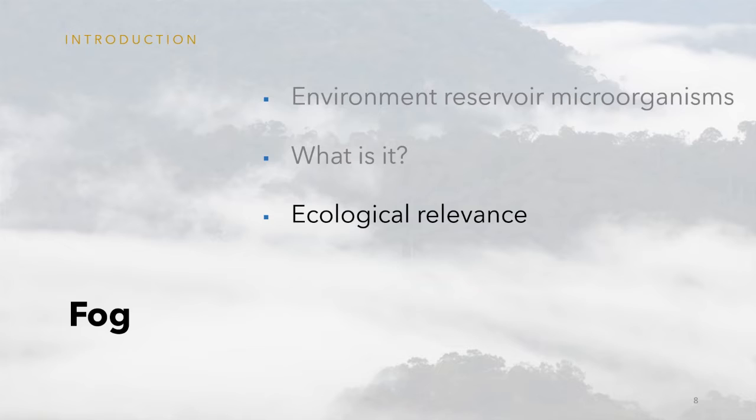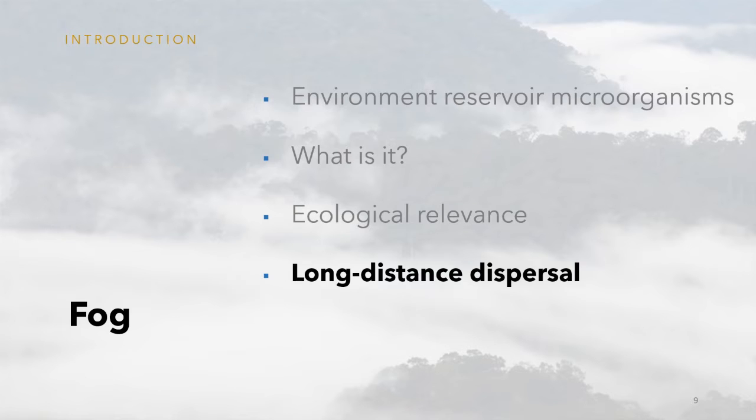So, fog has ecological relevance because it is an important water input in ecosystems. And it carries bioaerosols and microbial communities among them, mainly in cloud forests and coastal environments, causing long-distance dispersal, which is super important, so keep this information in mind.